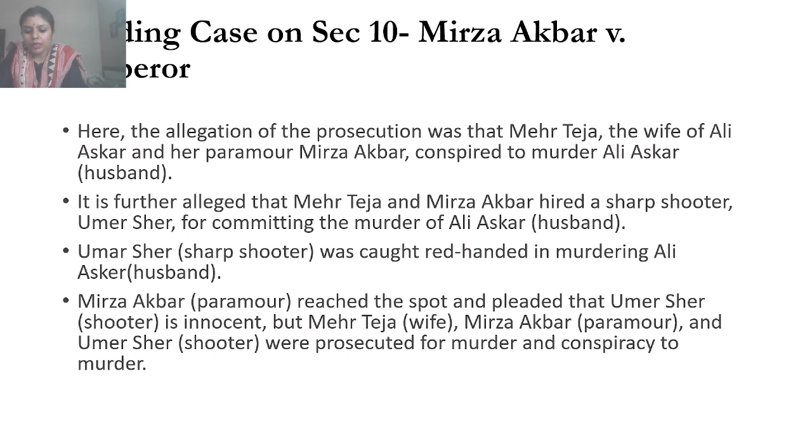So there was a common intention between Mirza Akbar and the wife of Ali Asgar to kill Ali Asgar. In this case, both Mirza Akbar and Mehar Teja were held liable for the murder of Ali Asgar. And even Umar Sher, who was the shooter, was held liable. He was caught red-handed in murdering Ali Asgar.